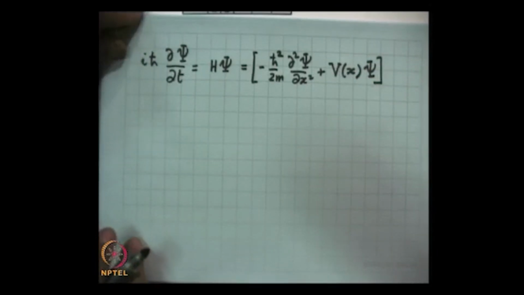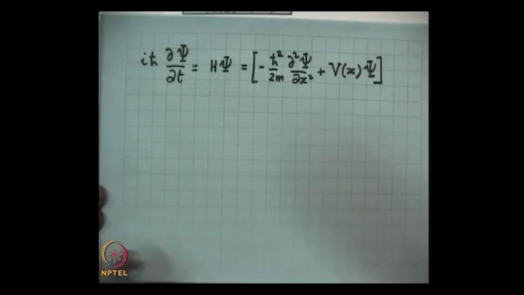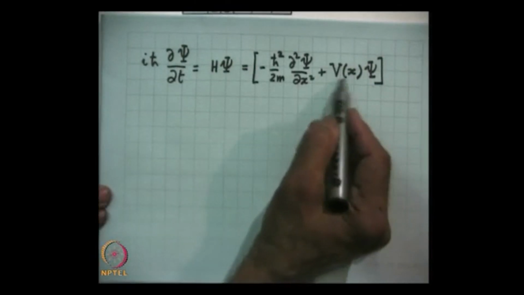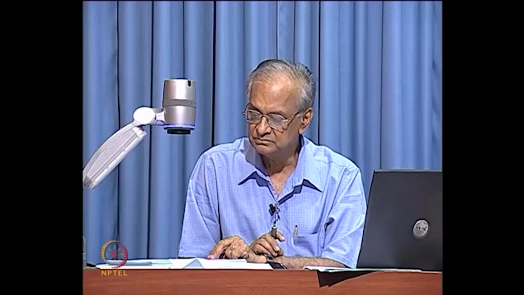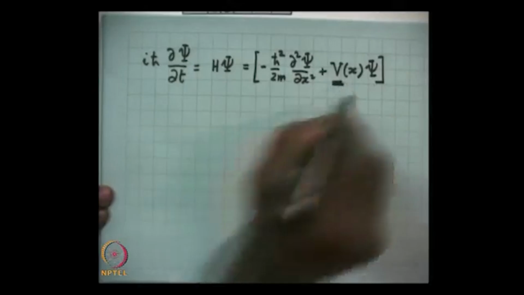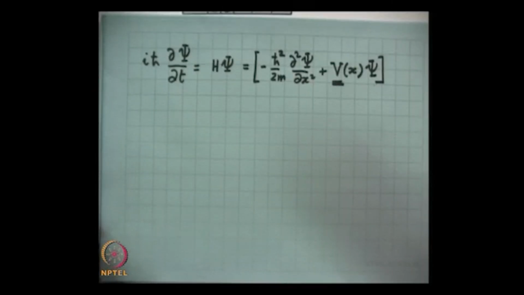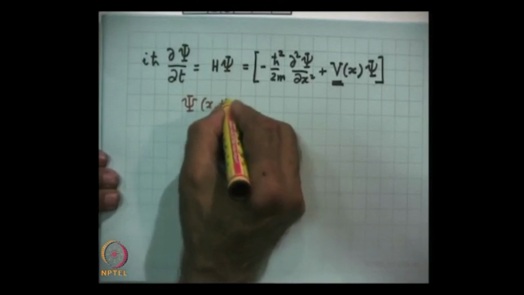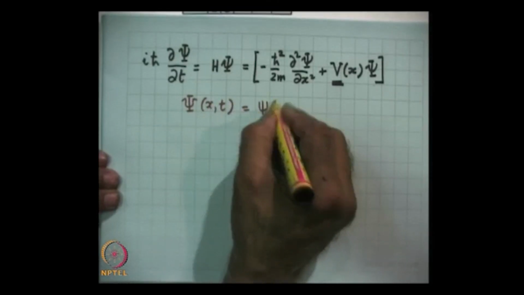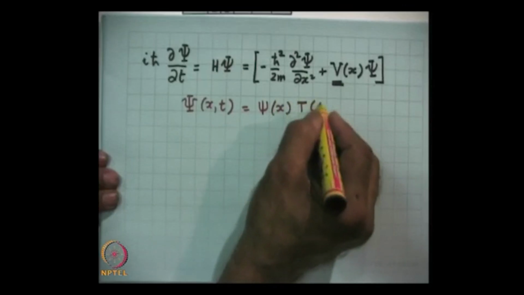So, I want to solve this equation. I have just completed the solution of the equation when V of x is 0 everywhere. That is known as the free particle solution, and I obtained the most general solution describing a wave packet. Now, whenever the potential energy function is time independent, I can write the solution as psi of x, t equal to psi of x times T of t, just as we did in the free particle case.